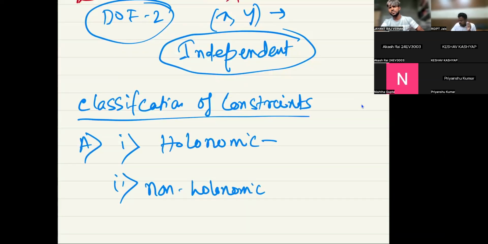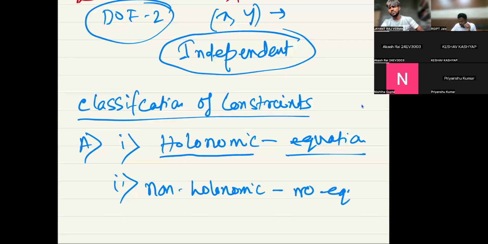Holonomic means this constraint relation you can put in terms of some equation. Then this is a holonomic constraint. But if you cannot replace this by an equation, then this is a non-holonomic constraint.